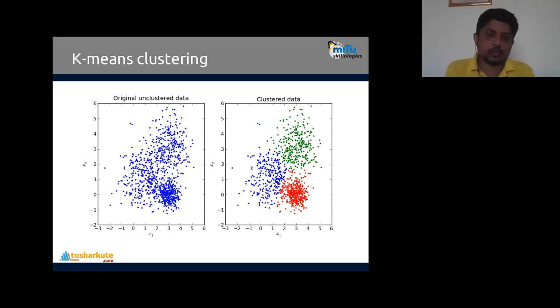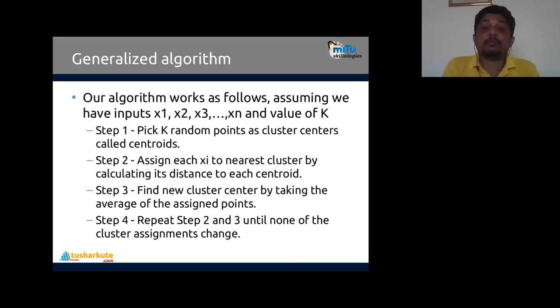Like this, which is shown in this particular diagram. This is the generalized, commonly used algorithm. We'll go step by step through how this algorithm performs the operations. Our algorithm works as follows, assuming that we have inputs x1, x2, x3, up to xn, along with a value of k. x1, x2, x3 are the rows, or individual data, present in the form of a collection.